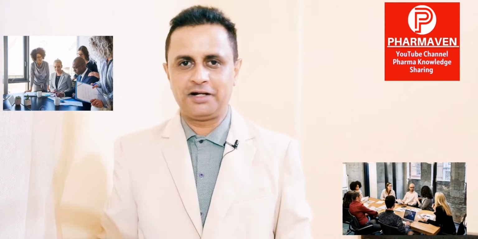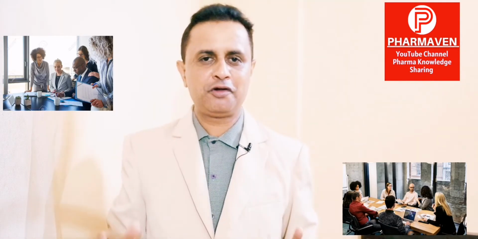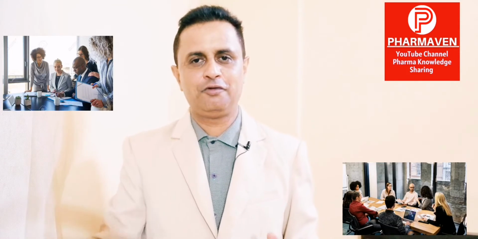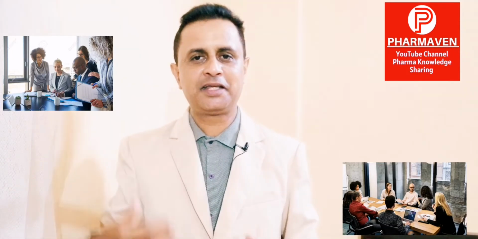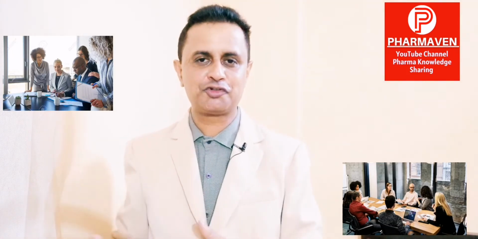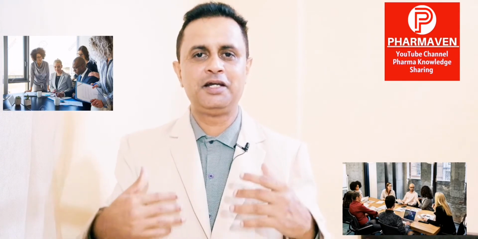What next? For each auditor there should be one runner or two runners. The reason: the auditor will ask for many documents in an audit. They will ask for one document, two documents, or multiple documents at the same time, or keep asking for documents during the course of the audit. So who will bring those documents, and who will inform?